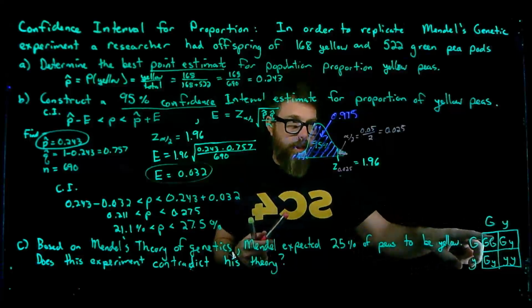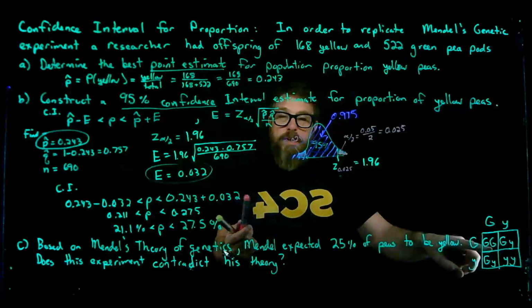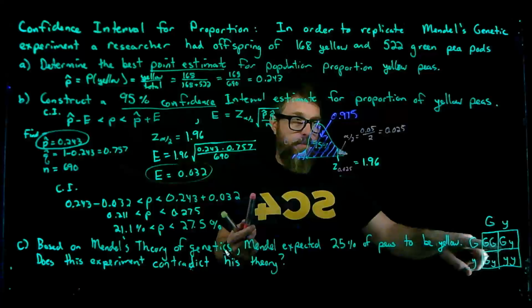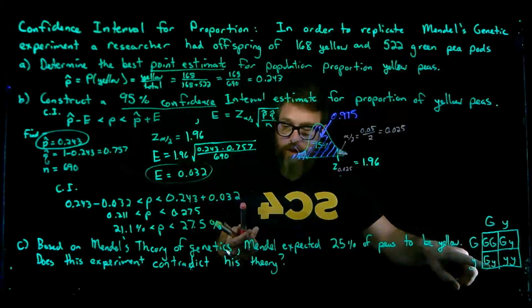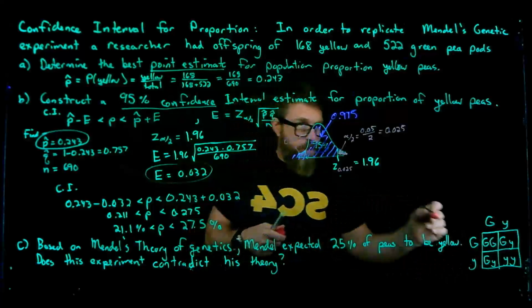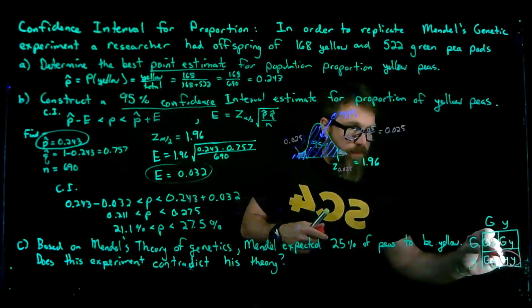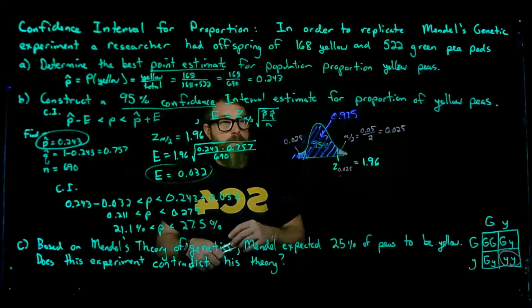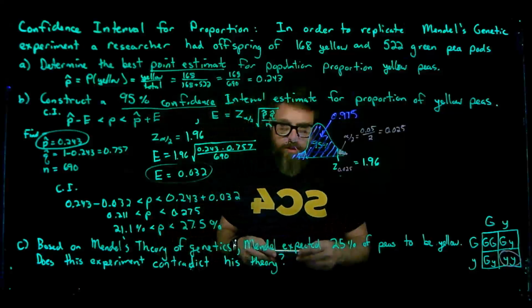So you can see you're going to get two dominant greens, which means I'd get a green here. A dominant green, a recessive yellow means I'd be a green here. Dominant green, recessive yellow, still another green. So what we can see is there's only a 25% chance of getting a yellow pea pod from crossing those.